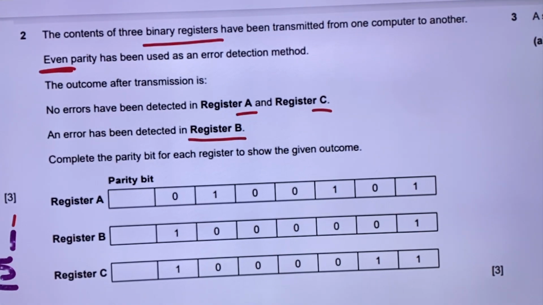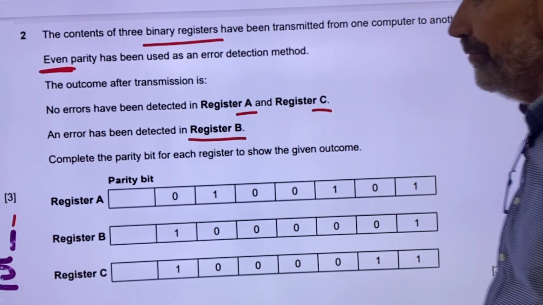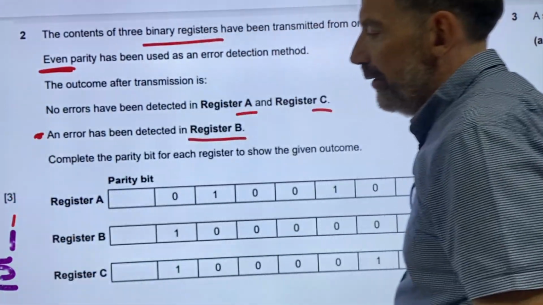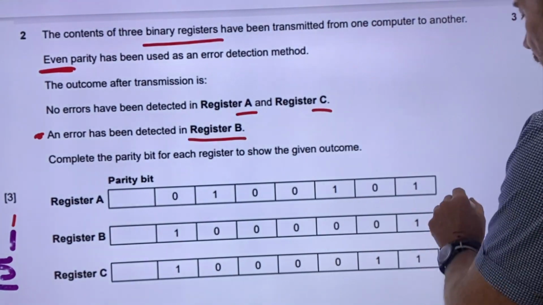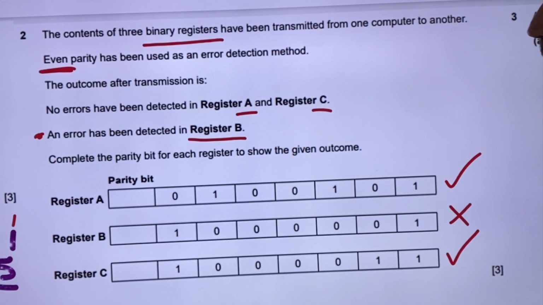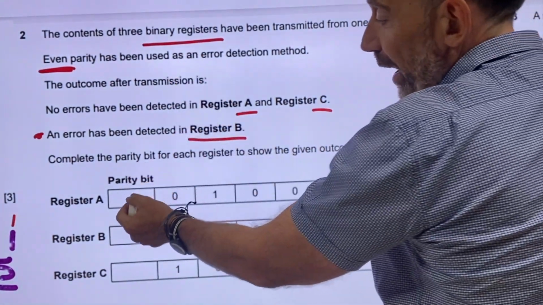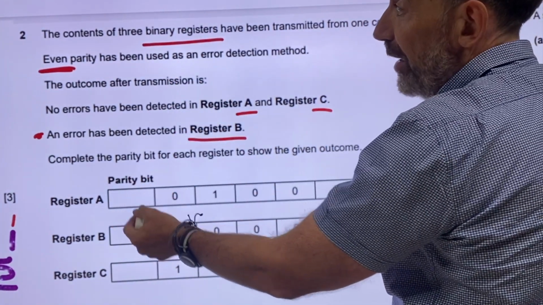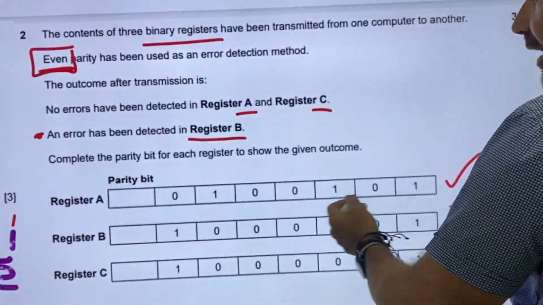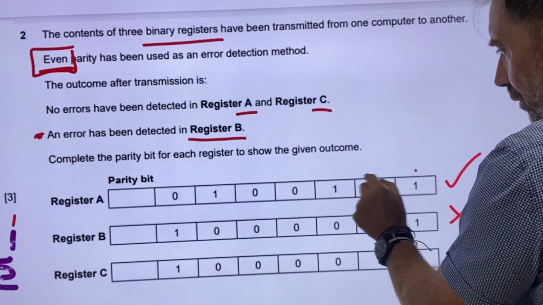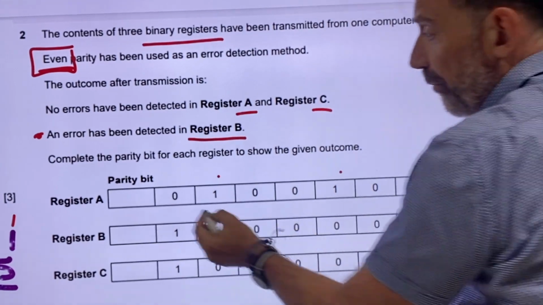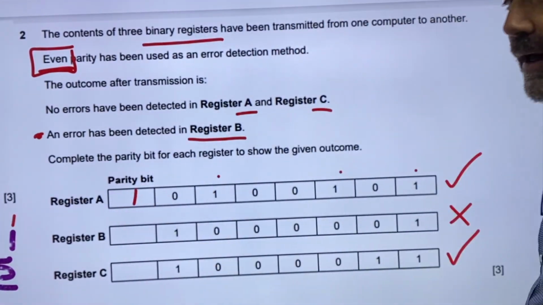Key point here. So these are okay, but this is wrong. Why is it wrong? Well, we'll see. We need to add either a 1 or a 0 as our parity bit to make it even. So if A is correct, 1, 1, 1 is 3. 3 is an odd number, so that must be a 1 in there.